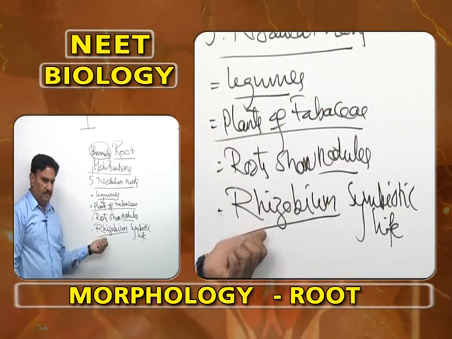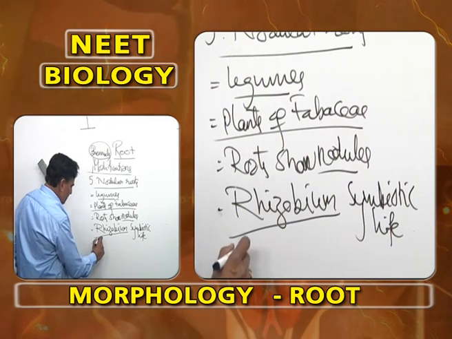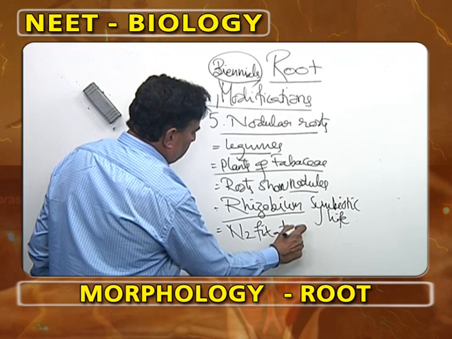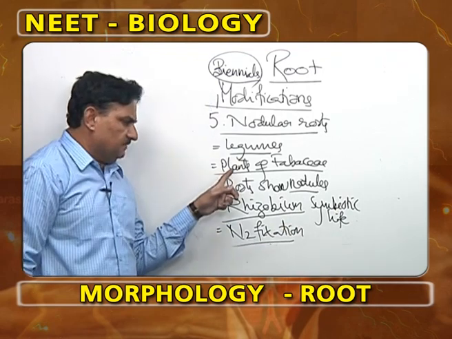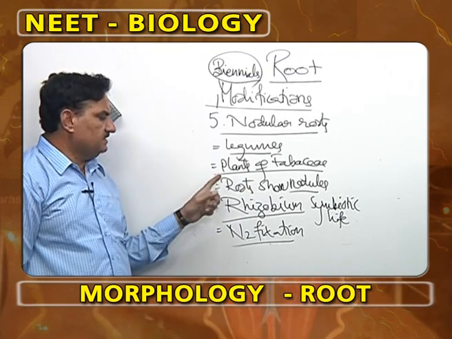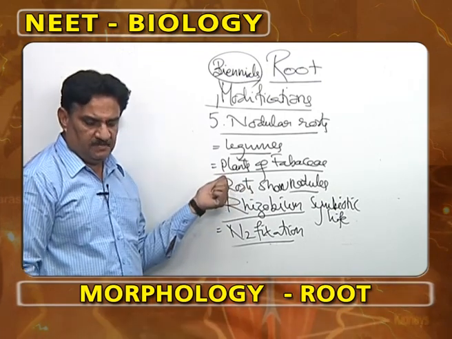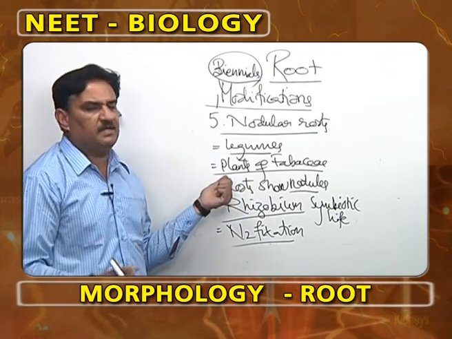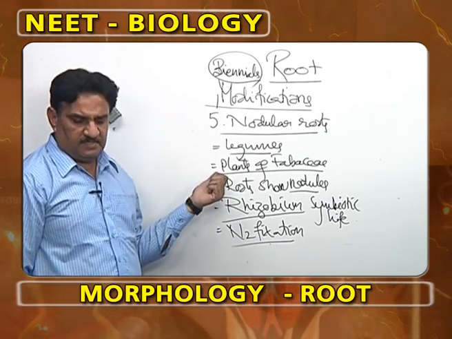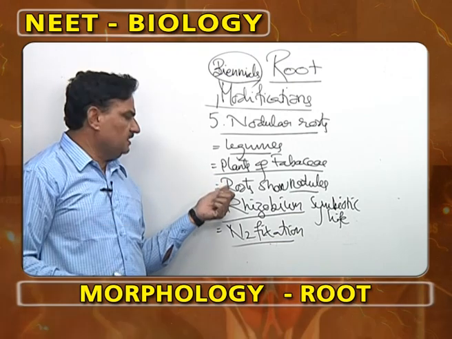So Rhizobium lives here, and Rhizobium helps in nitrogen fixation. That's why the plants of Fabaceae are widely used in crop rotation and also as green manure. Green manure means plants are spread on the soil and allowed to decay, and nitrogen content is increased. Crop rotation means crops are alternated with leguminous crops.